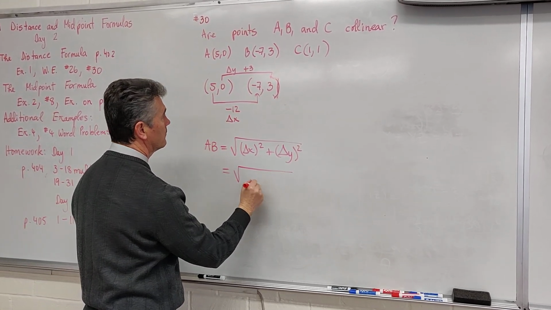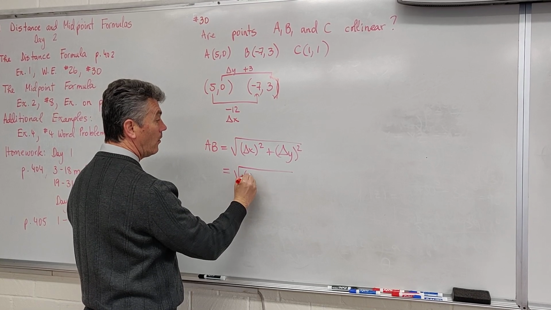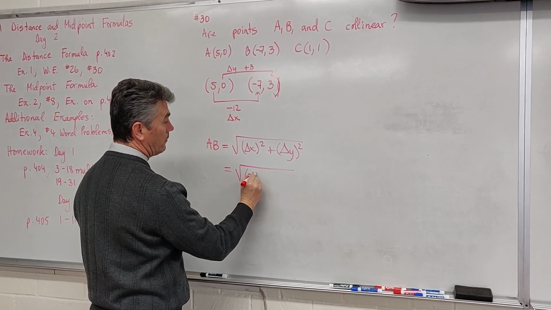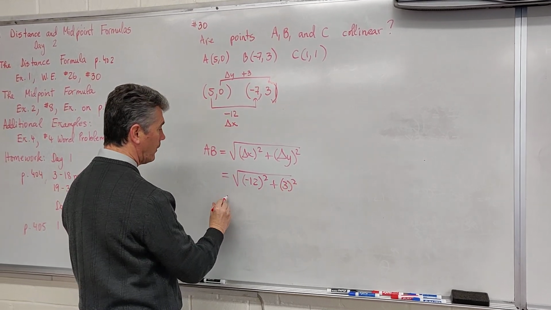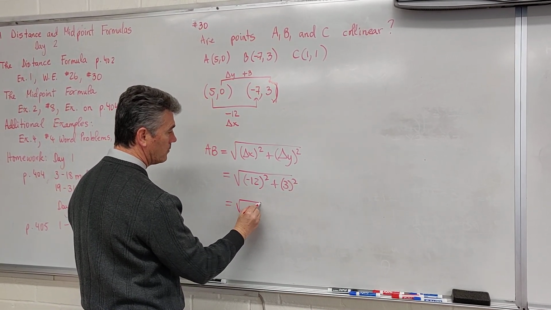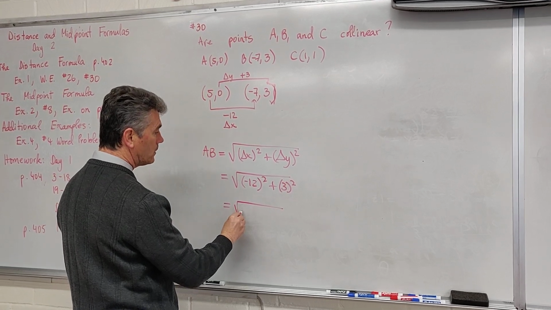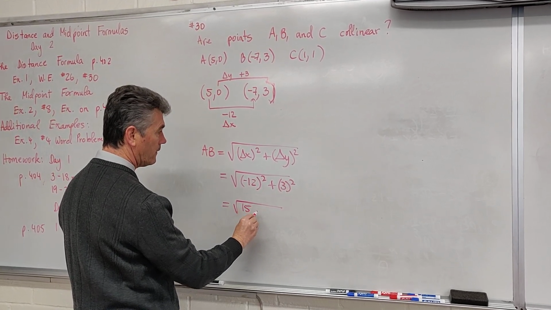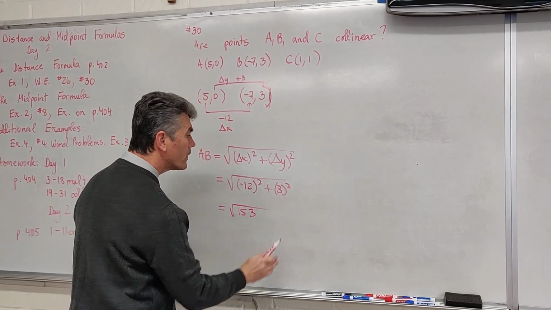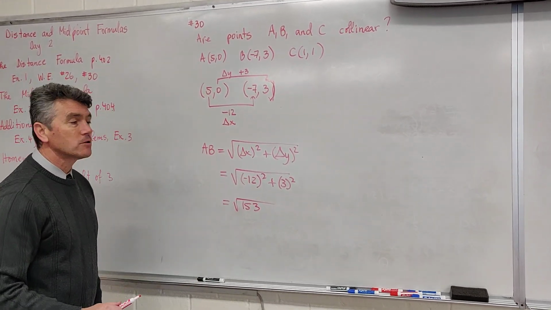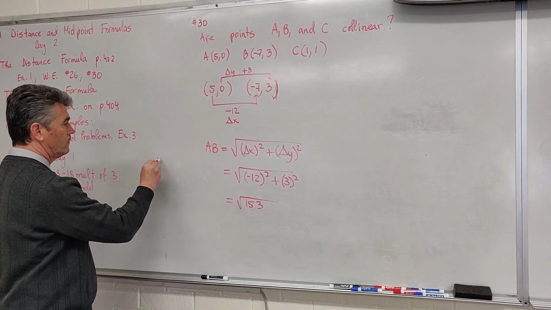This is negative 12 squared plus 3 squared, it is equal to the square root of 153. What we're going to do now is simplify the square root of 153.